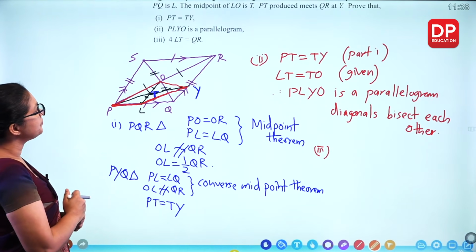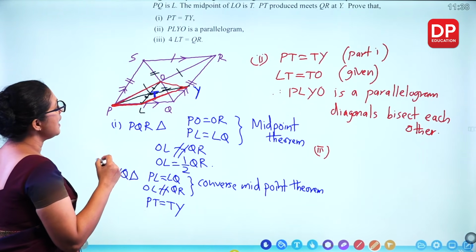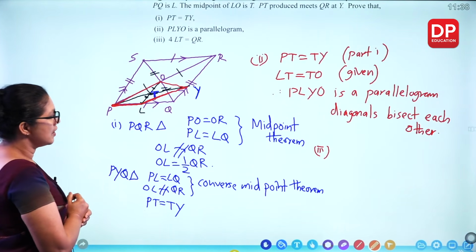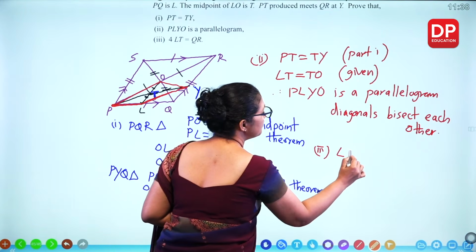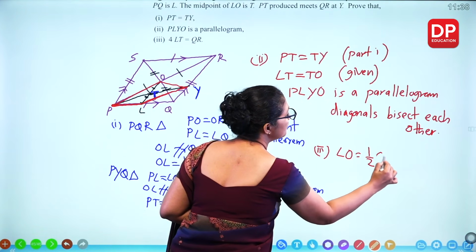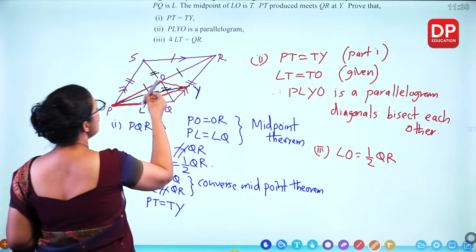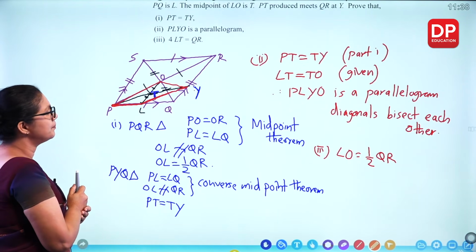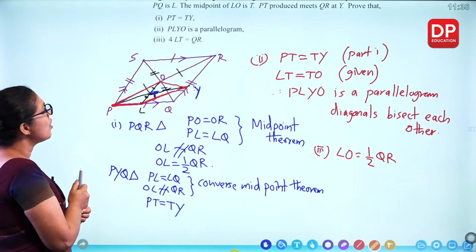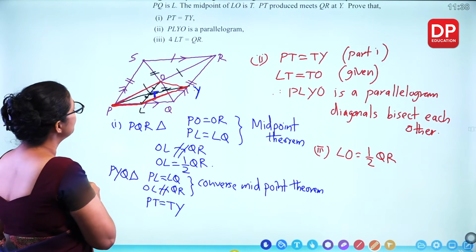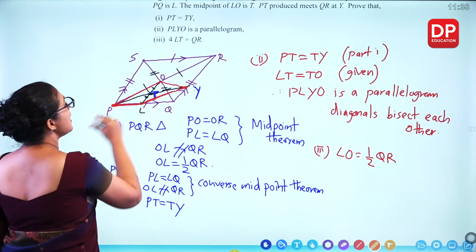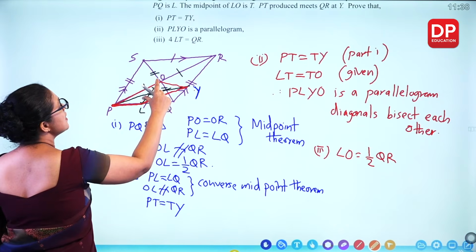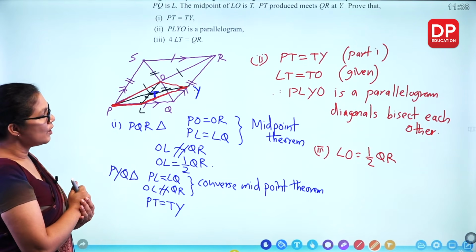Now we know LO is half of QR according to midpoint theorem, and also, what is LT? LT is half of LO.